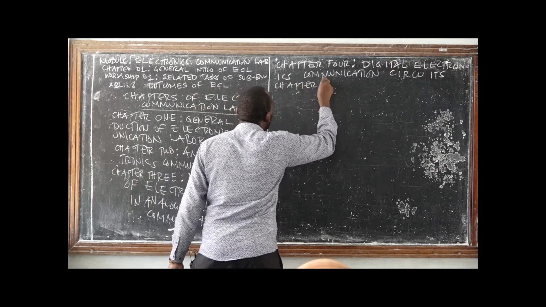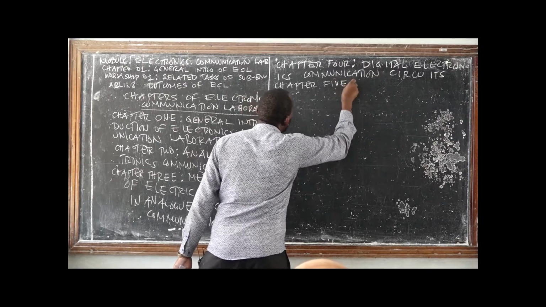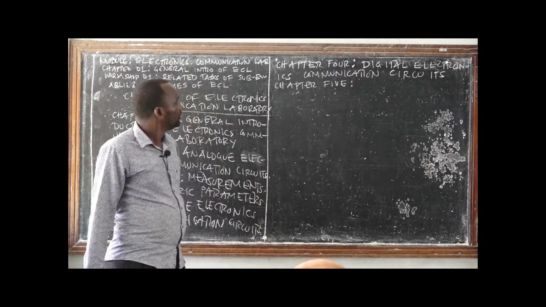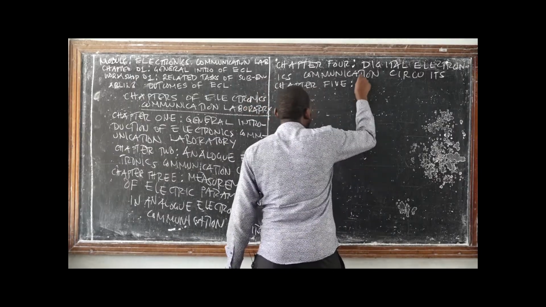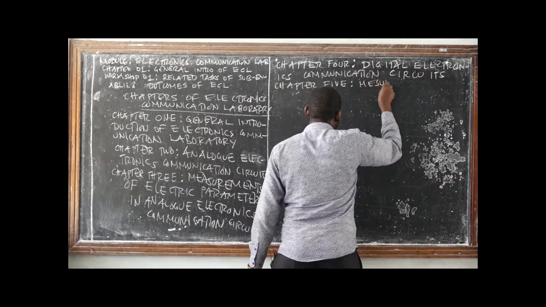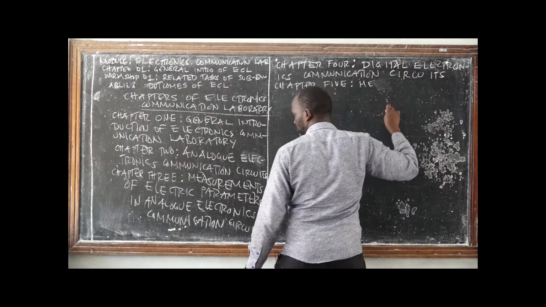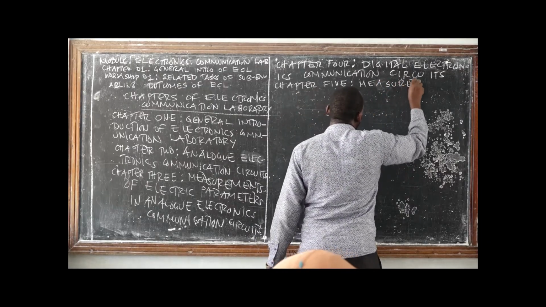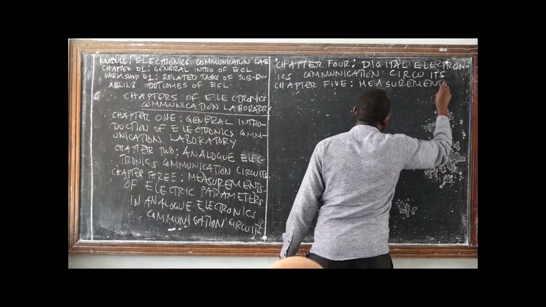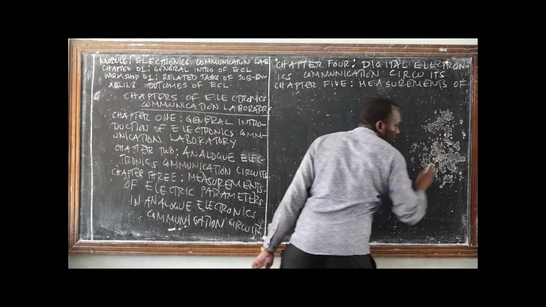So you may go further. The 5th chapter, or chapter 5, is measurement. Measurements of what?